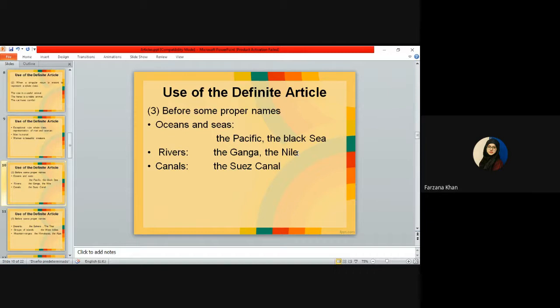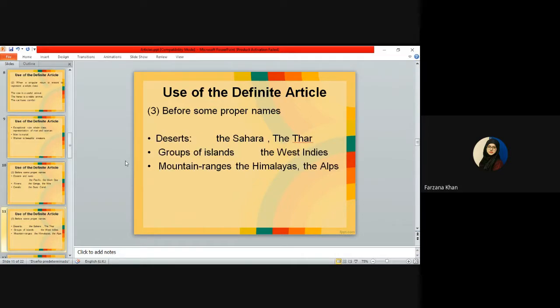You can write the Indus. You can write or speak the Chenab. Whenever you speak or write the names of rivers, you will always place the definite article before them. Well, other proper names are the names of canals. With every name of a canal, you will always place the definite article. This is a rule in the English language.